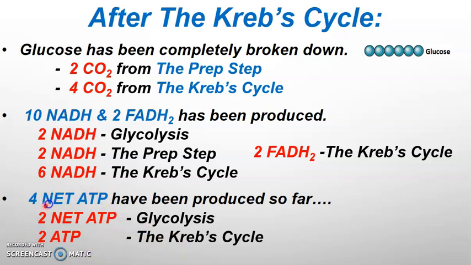Well, we're supposed to get a total of 38 with aerobic respiration. So we're going to get the remaining 34 ATP in the electron transport chain by using the 12 electron carriers that have been produced as we've been breaking glucose down through glycolysis, the prep step, and the Krebs cycle. And you can see here where all these electron carriers were produced along the way.